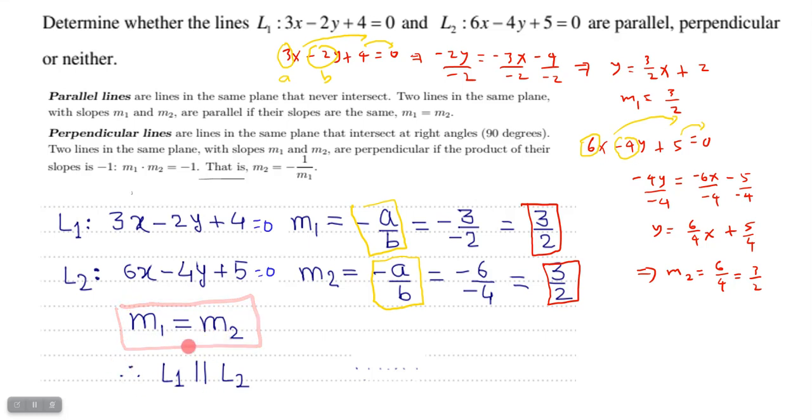So therefore L1, this symbol is the symbol for parallel, is parallel to L2. So this is the answer. So it's parallel, and therefore they are not perpendicular. So thank you.